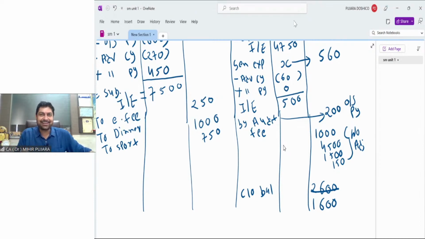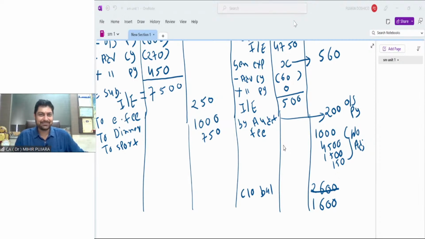Swati, in current year we have to show the expenses, whether it is paid or not paid. Clear guys? Swati?